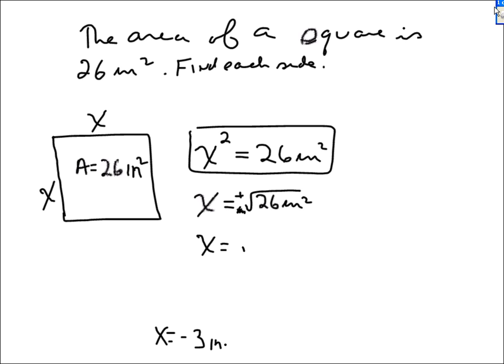So we get plus the square root of 26 times the square root of inch squared. But the square root of inch squared is inch. Each side is the square root of 26 inches. That's the length of each side.